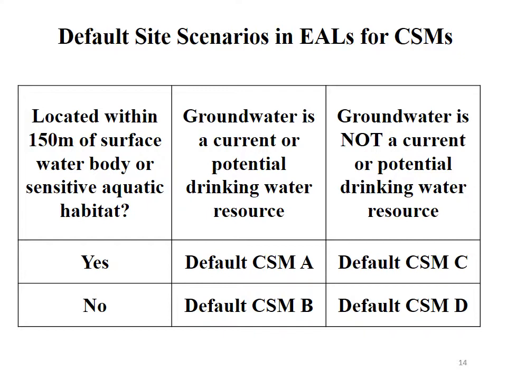So there can be different default action levels for those two different types of use. But across the board, we initially evaluate all sites with our unrestricted use or residential use action levels and identify hazards there and then move forward.